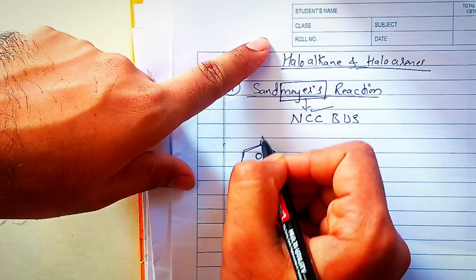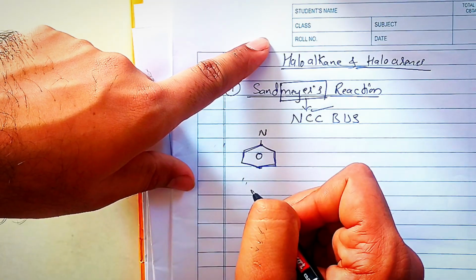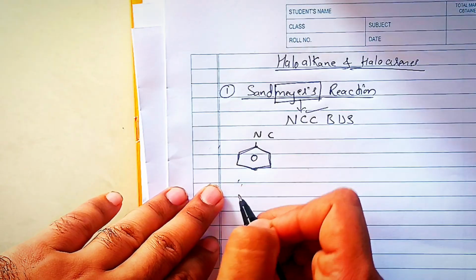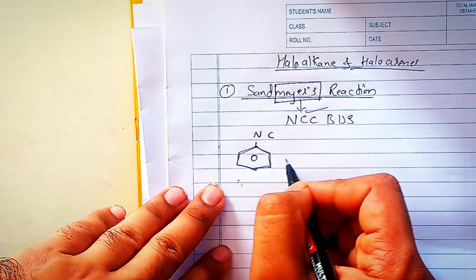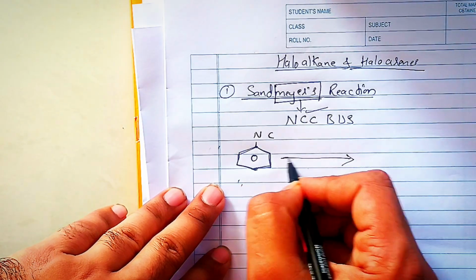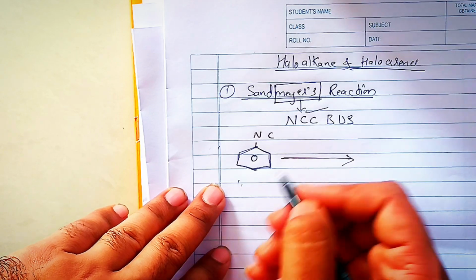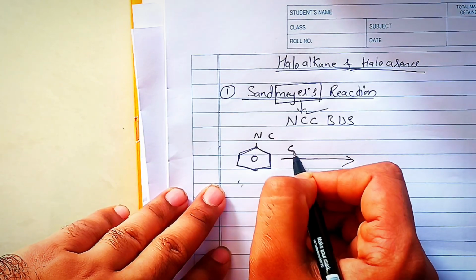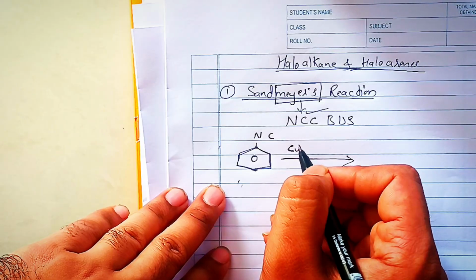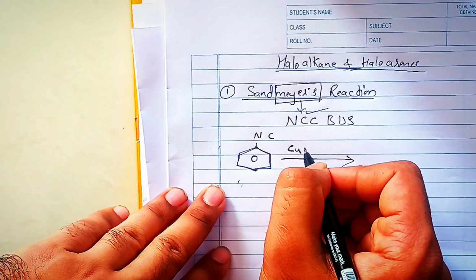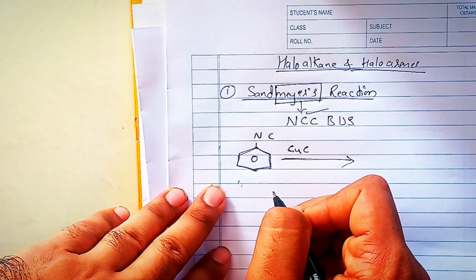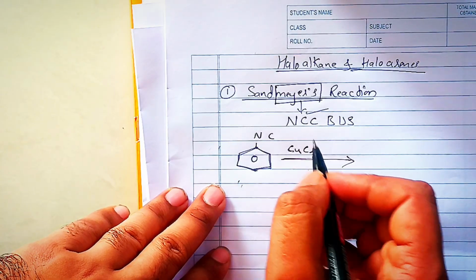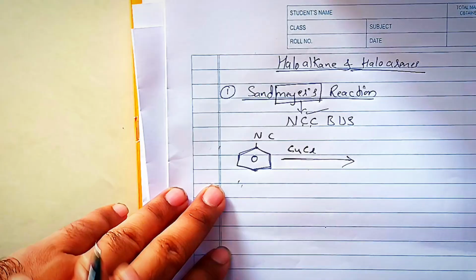First we will write this N, then again we will write this C here, and then again this C. Then there is a Cu, and then another C and L, right? So this is the NCC.